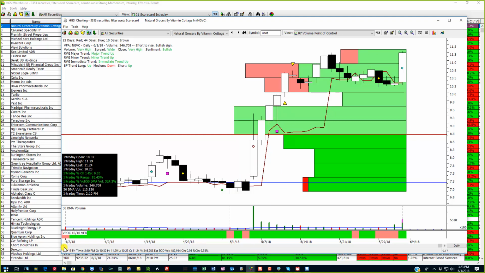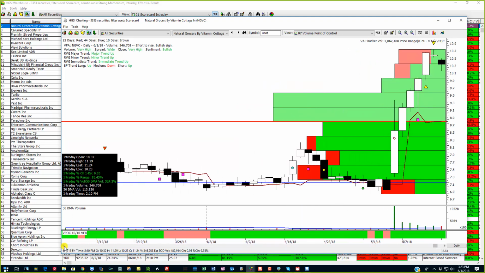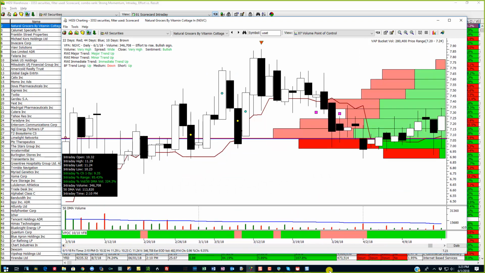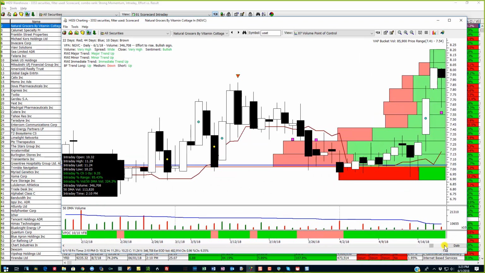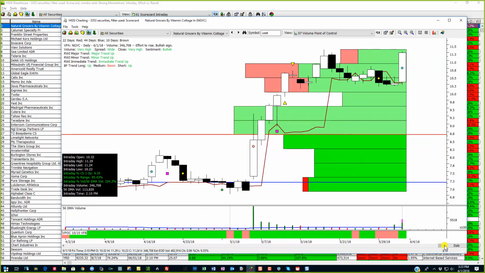Now, you can take this and you can scroll backwards and you can see how that changes. But what I'm interested in is the volume point of control now. But this is where the activity was over a 2 month period. This is where the activity is over a 1 month period.